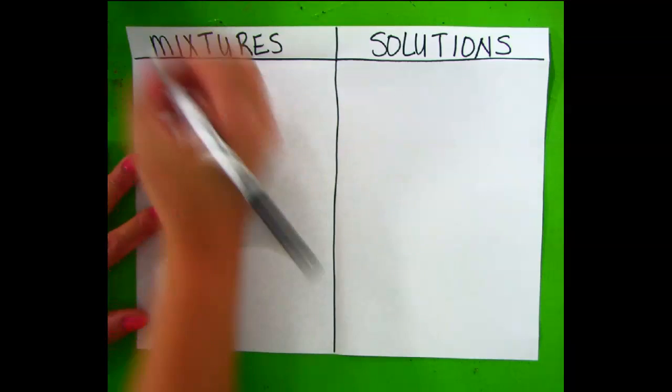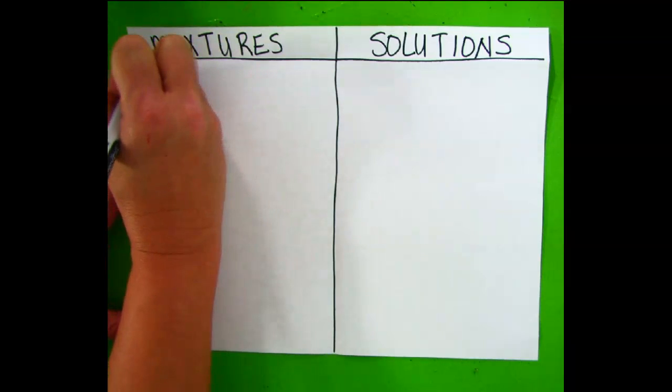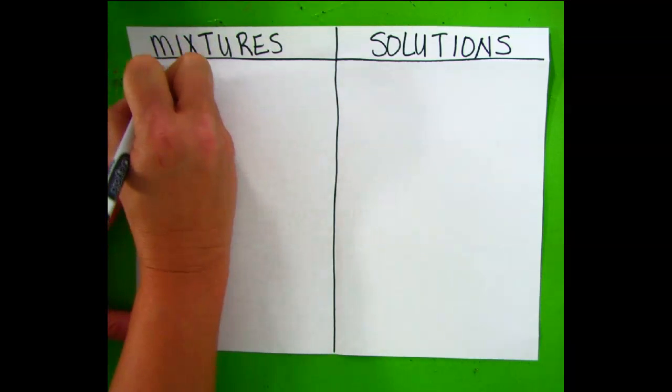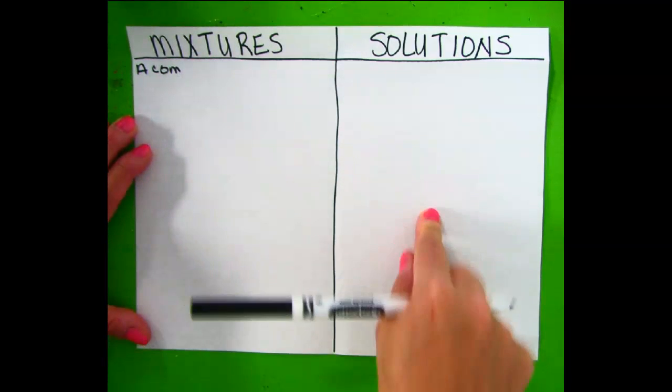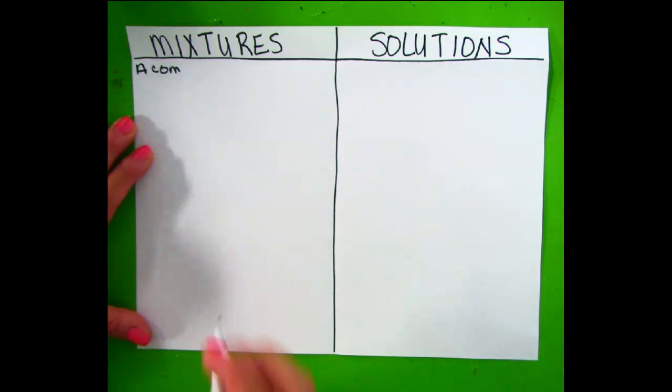So a mixture is a combination. And if you notice, I'm not taking up the whole space with my definition because we're going to put a lot of information in here.